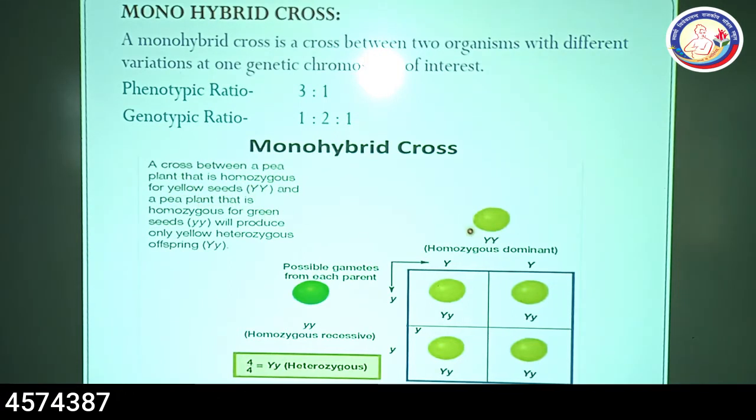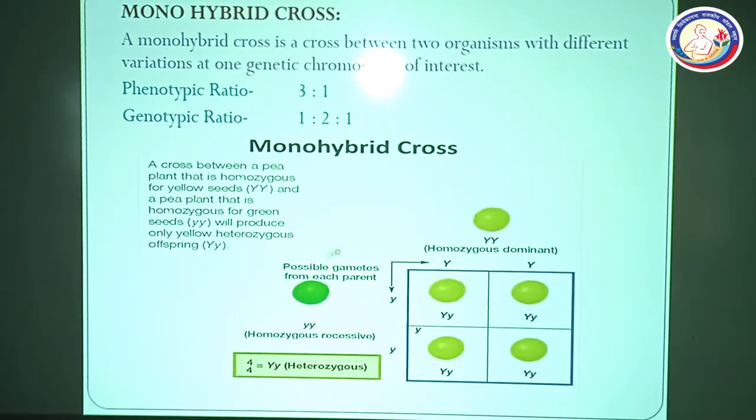You can see this is the yellow seed, the dominant character, while this is the green seed, which is the recessive character. And you can see, sorry, this is the F1 generation here, capital Y small y, and in the F1 generation all the seeds are yellow in nature.